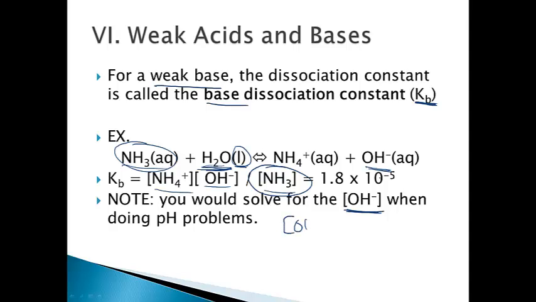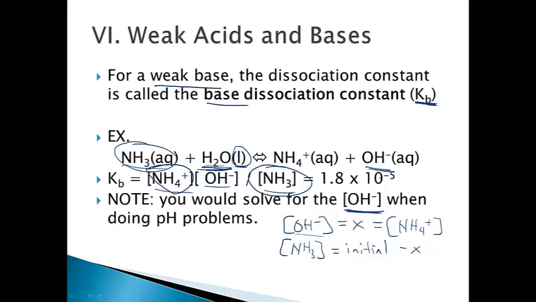OH minus concentration would be equal to X, and that's going to be the same as the NH4 plus concentration. And the NH3 concentration is equal to the initial amount minus X, minus the amount that breaks up into OH minus and NH4 plus.